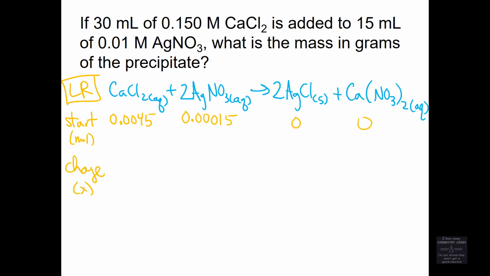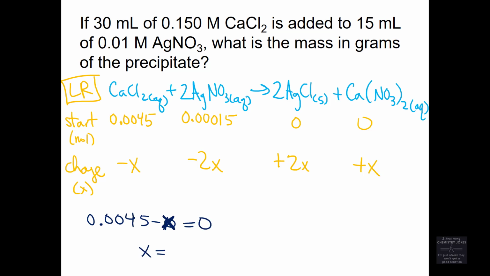Change in terms of x: minus x, minus 2x, plus 2x, plus x. Do you remember how to solve for x in a limiting reactant table? Set your things equal to 0 and solve for x. 0.00015 minus 2x equals 0.